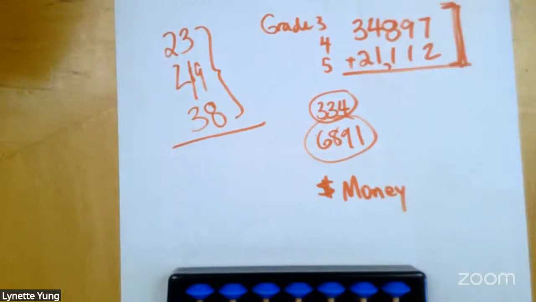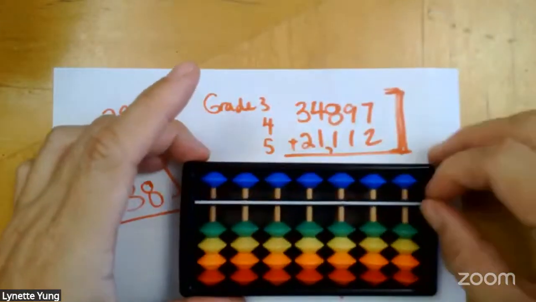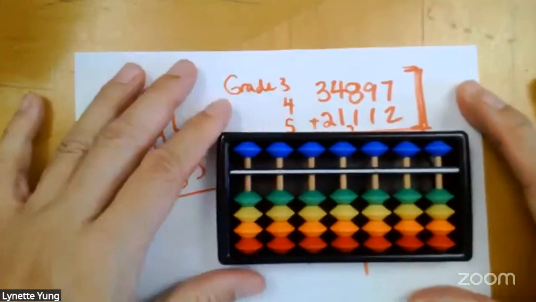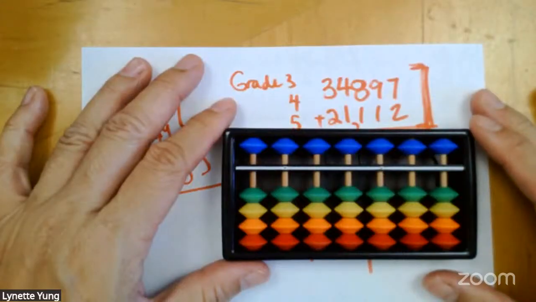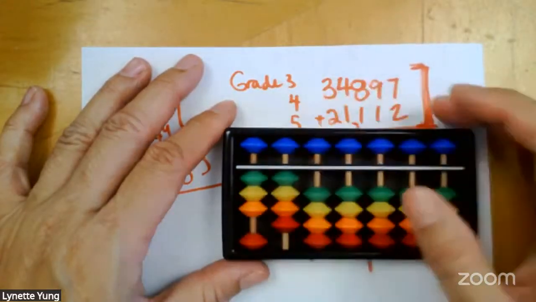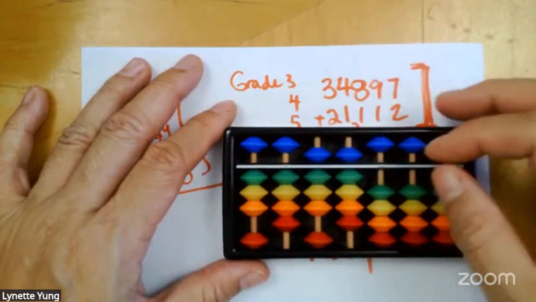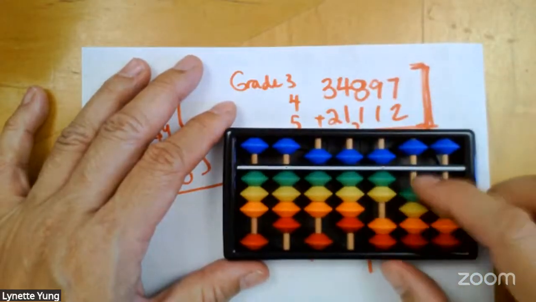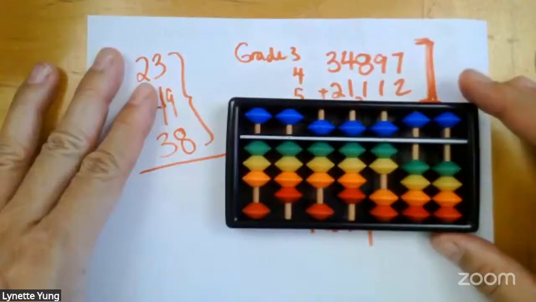Well, let's work this problem out. 3, 4, 8, 9, 7, 2, 1, 1, 1, 1, 2. Should be pretty easy.